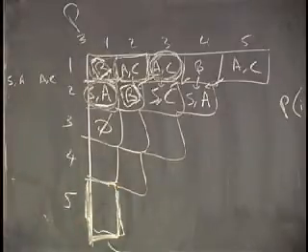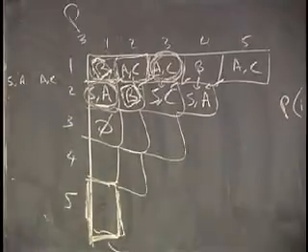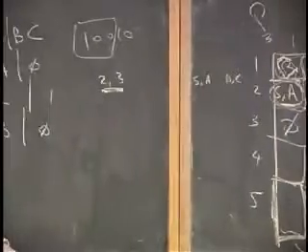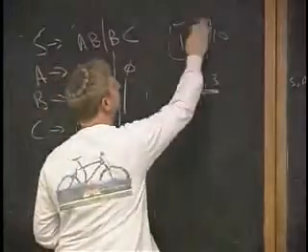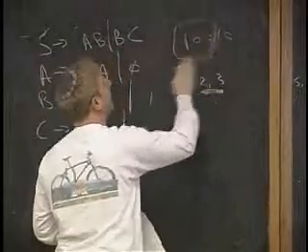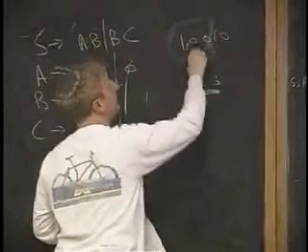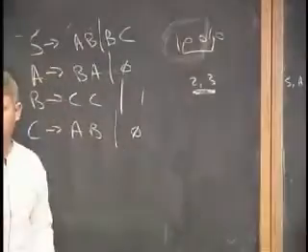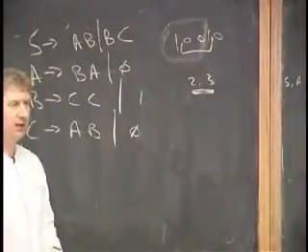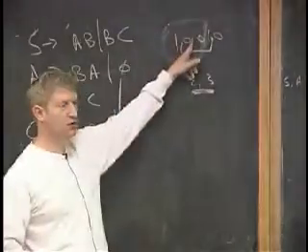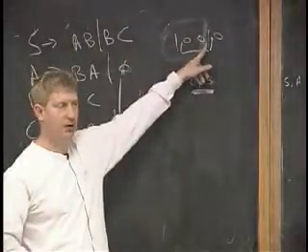Let's do the next spot over, which is now 2, 3. 2, 3 starts at the second symbol and goes 3 symbols down to 0, 0, 1. Okay? There's 2 places to split this into 2 pieces. One is after the first 0, one is after the second 0.